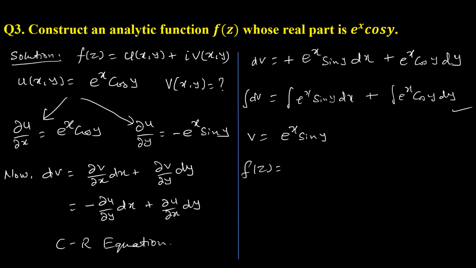So f(z) is equal to u plus iv, that we know. It can be written as e to the power x cos y plus i e to the power x sin y.